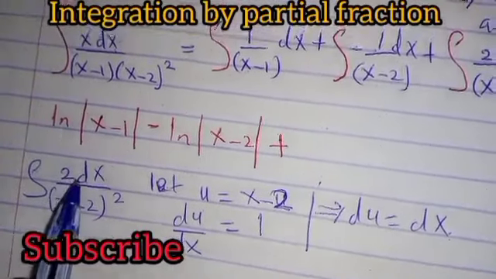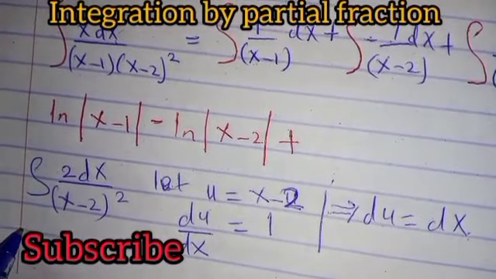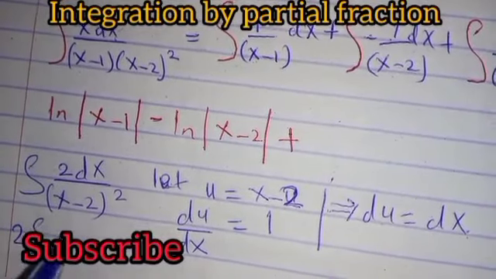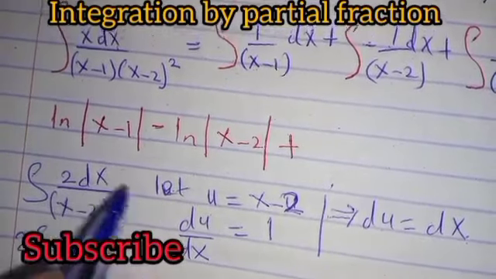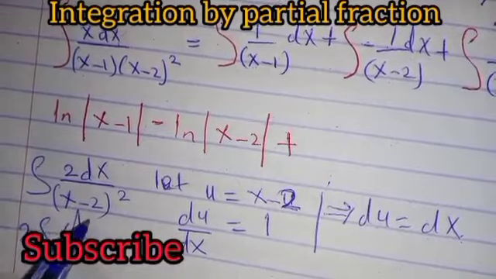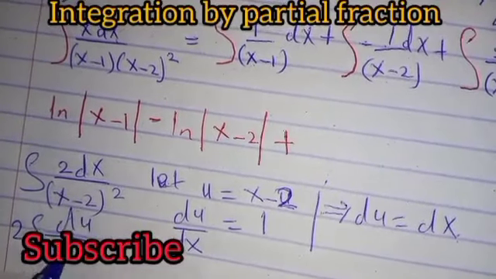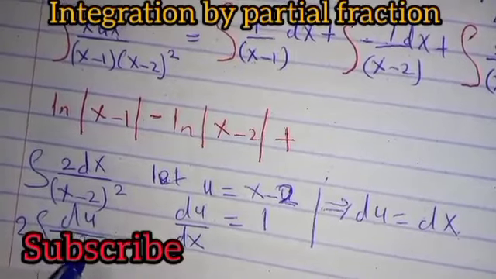So here we shall have 2 integral. 2 can come out. Instead of dx, we have found our dx is du. We write du divided by u squared.